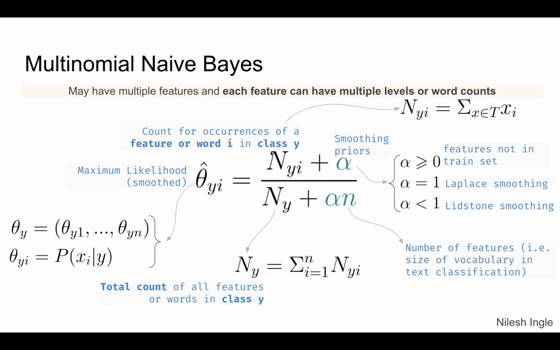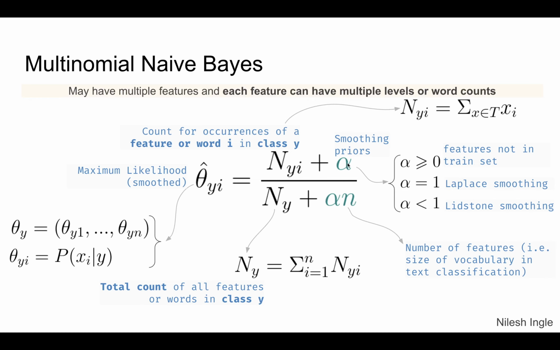So essentially what it says is, it's a ratio of the count of occurrences for a word in class Y divided by the total counts of all the features or all the words in class Y. That is denoted here by N_yi divided by N_y.